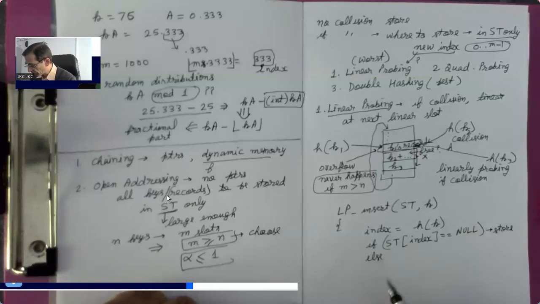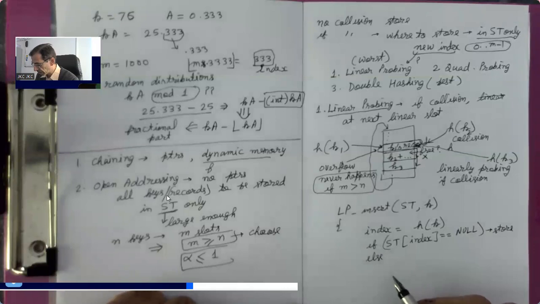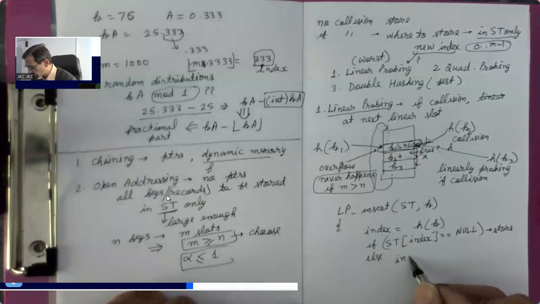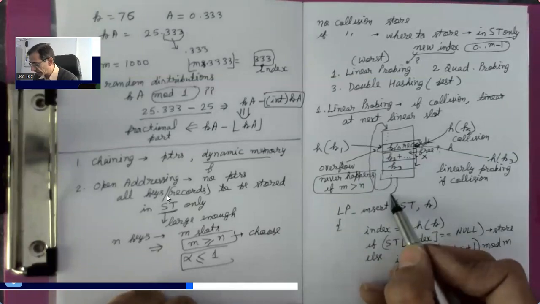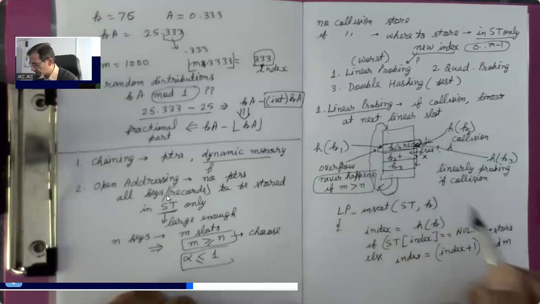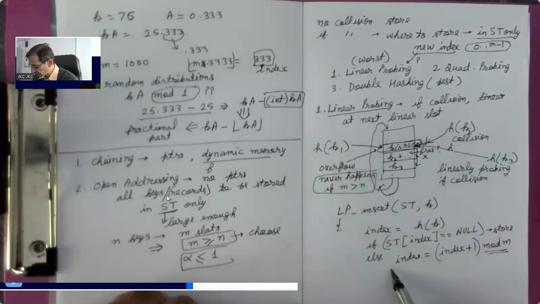Else, if it is not free, that means it is already full. There is an overflow. Effectively, what I am doing is incrementing the index, which means going to the next location. While going to the next location, I might reach the last position, M minus 1. So just to make sure that I keep circulating within the total space, from here I go back to the top. So I can just take mod M and again repeat this.